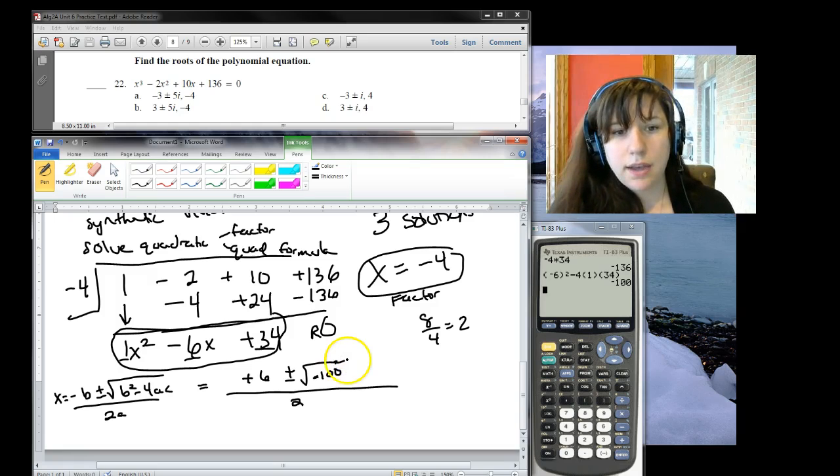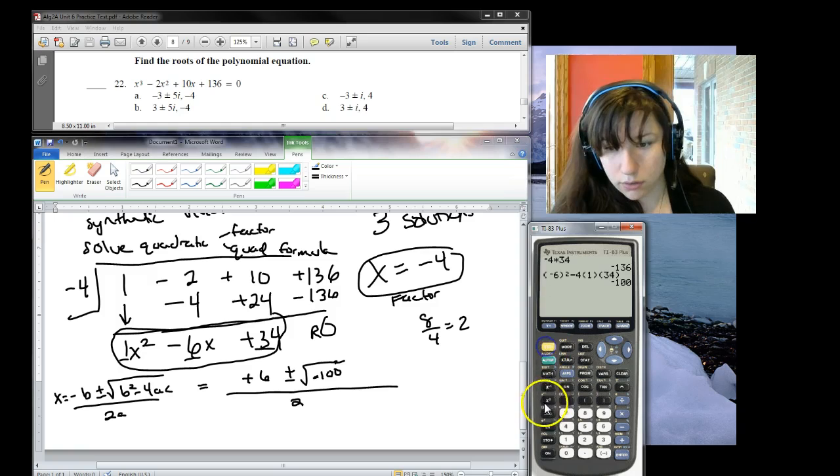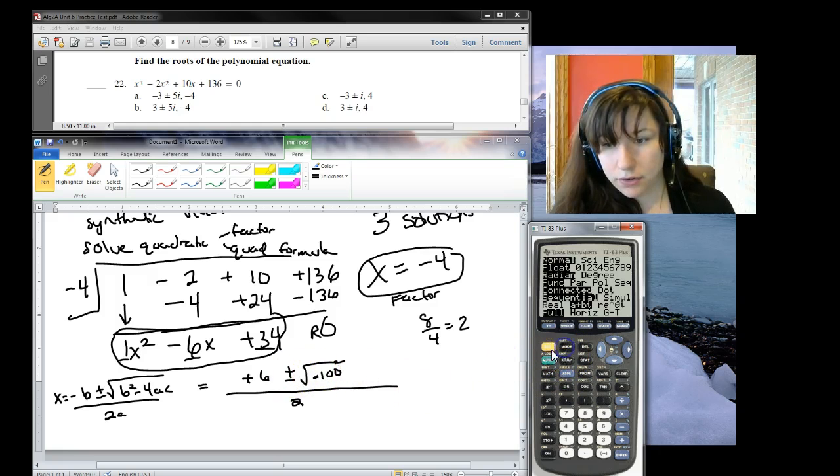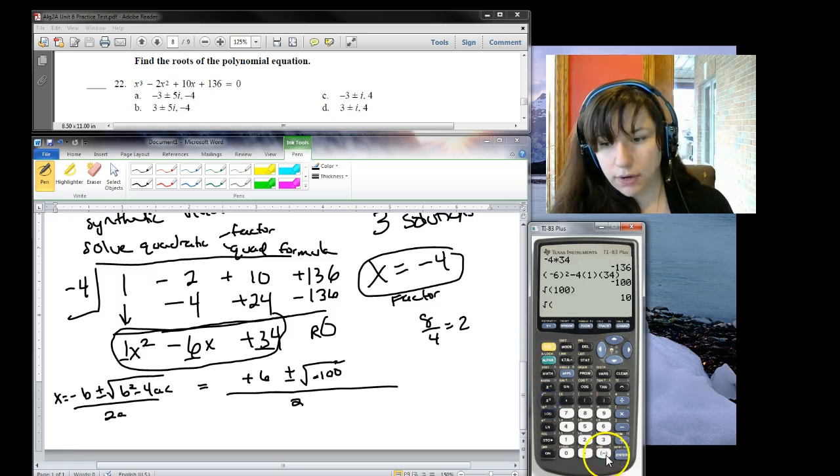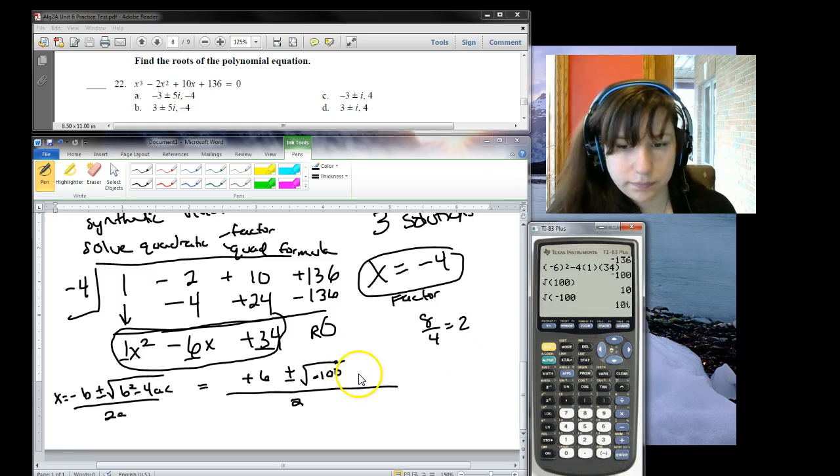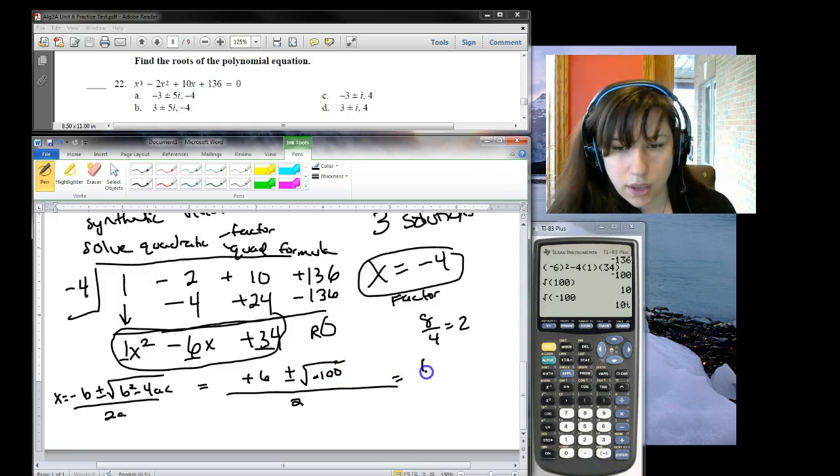Okay. Now, the square root of 100 is 10. But it's a negative here. So I have my calculator set on, I click mode A plus BI, so it'll let me do the square root of -100. And I get 10i. So this equals 6 plus or minus 10i over 2.